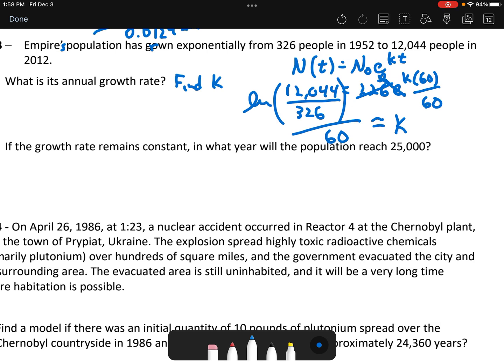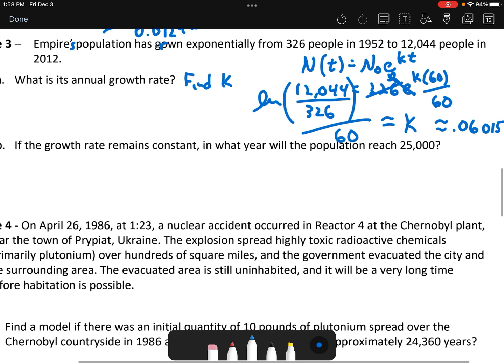We don't want to mess with this thing. 12,044, the natural log of, divided by 326, divided by 60, and then we're going to store it in alpha K. And mine is stored. I got a growth rate of about 6%. Okay, just about. But I'm going to store that.